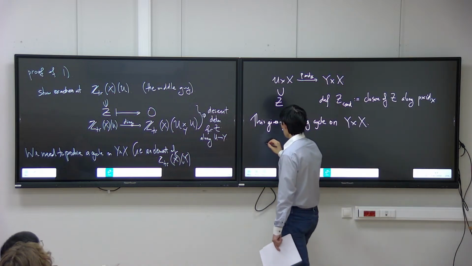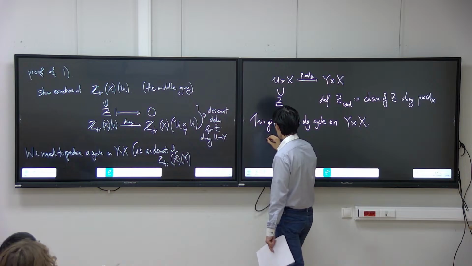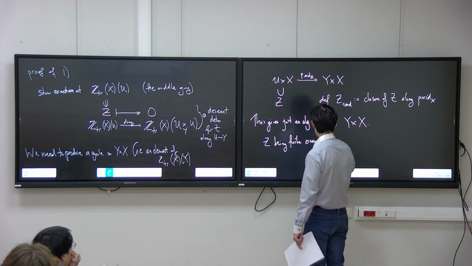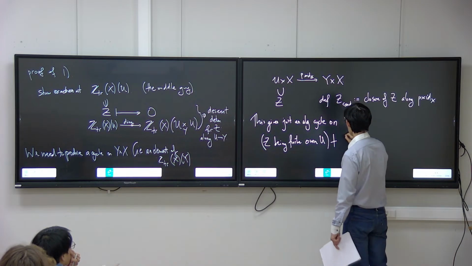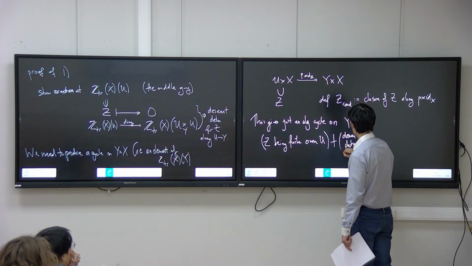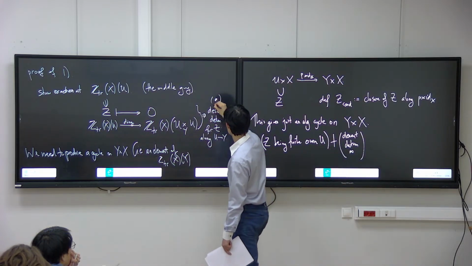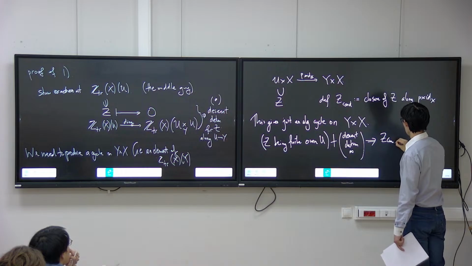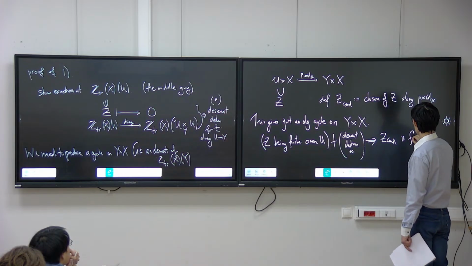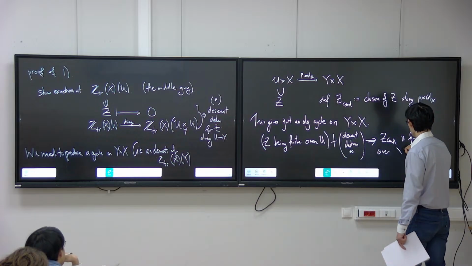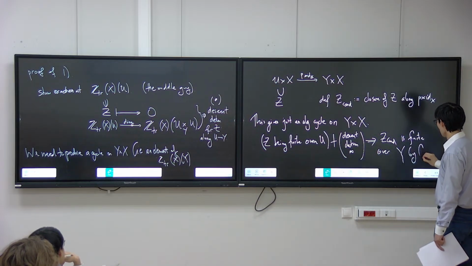So basically, z being finite over u plus descent datum star, which is this part here, gives you that this z candidate is finite over y by faithfully flat descent.